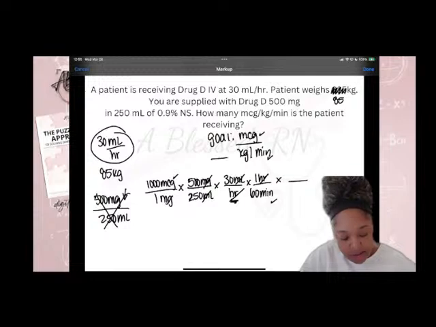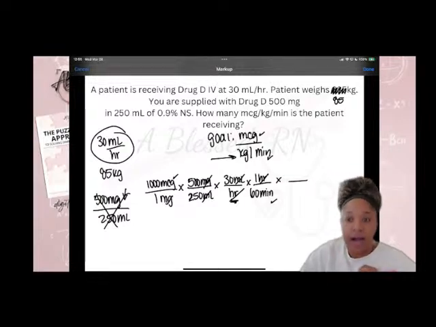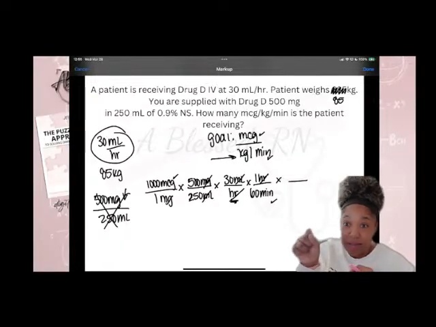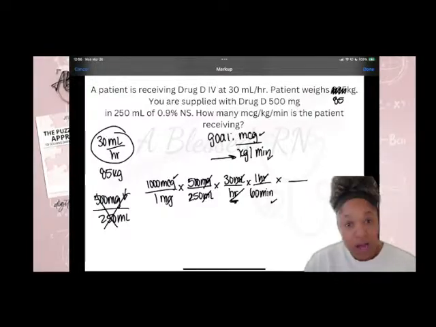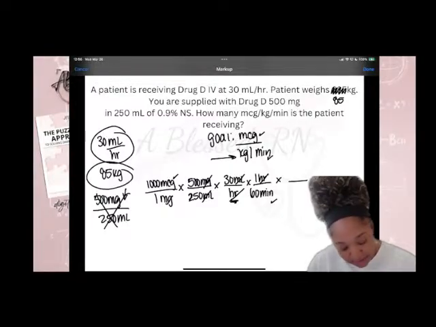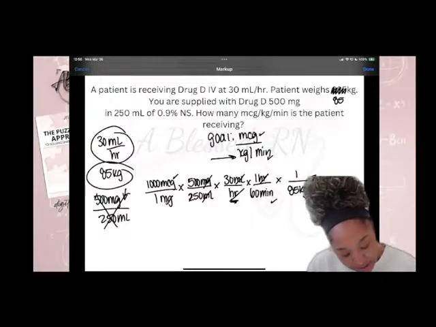Right here on the bottom. Okay? You see it right there on the bottom? That's why I say what's on the top and on the bottom. I guess you should say numerator and denominator. No, top and bottom, okay? It's on the bottom. So I'm going to put it on the bottom. 85 kgs is going to go right here. Boom. Now everything is in place.